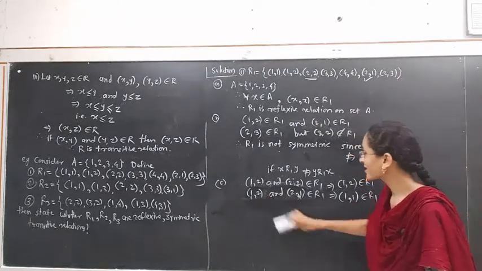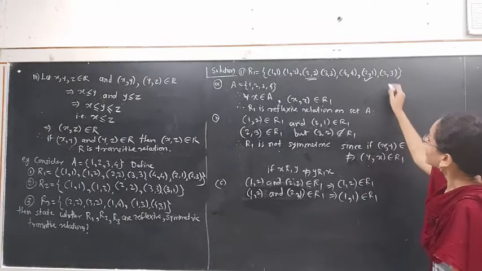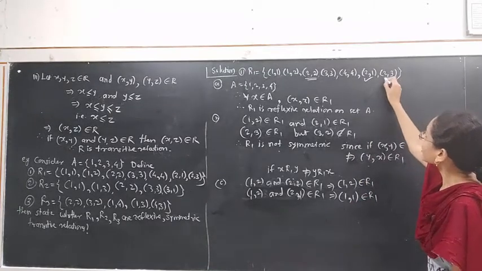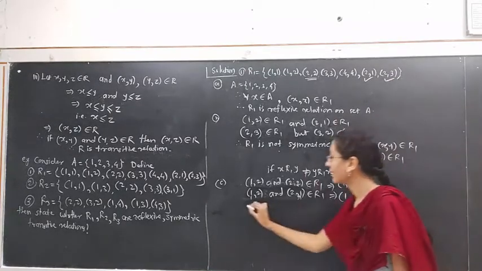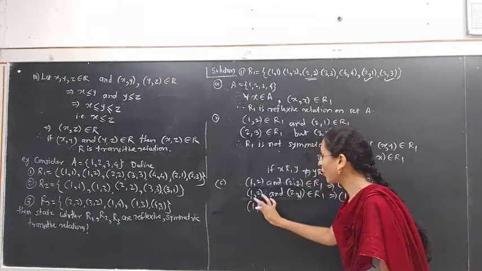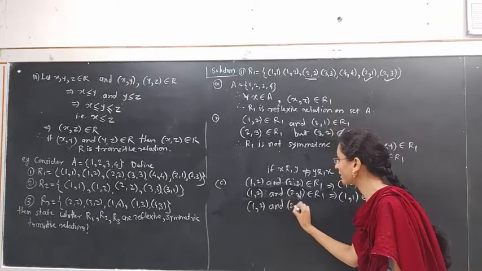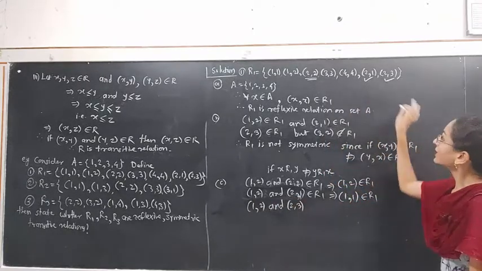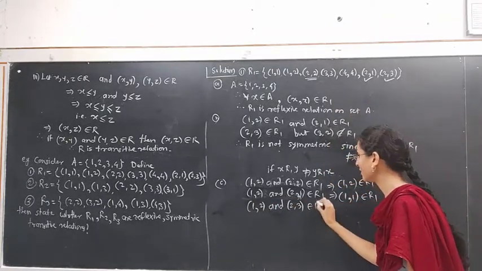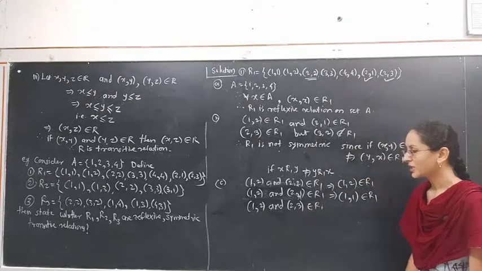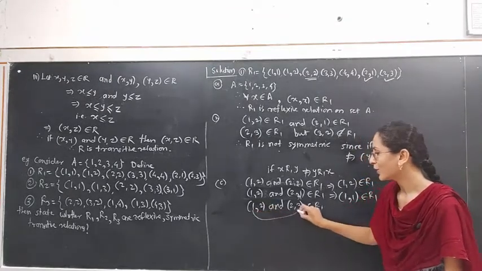Now we go to the next pairs. Here (2, 3), 2 is also related to 3. Hence we check for these two ordered pairs, (1, 2) and (2, 3). (1, 2) and (2, 3) belong to set R1. We check whether 1 is related to 3 or not.